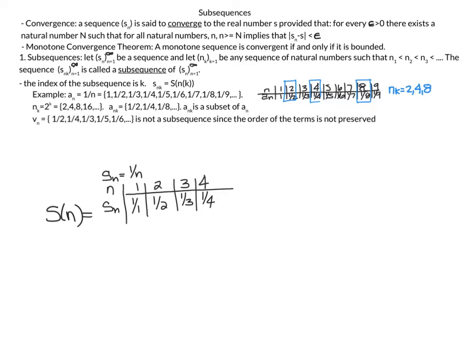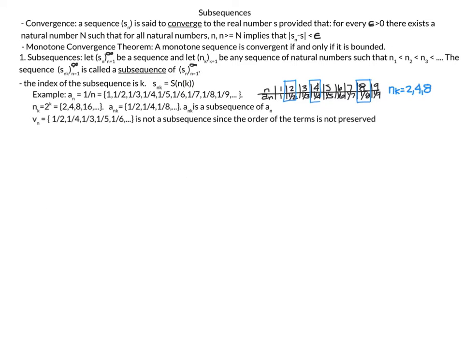We could have used this function notation, S sub n is equal to 1 over n, and that would have been the same. So in this Snk, that is essentially S sub n of k. So we'll do a couple of examples and we'll look at this notation.